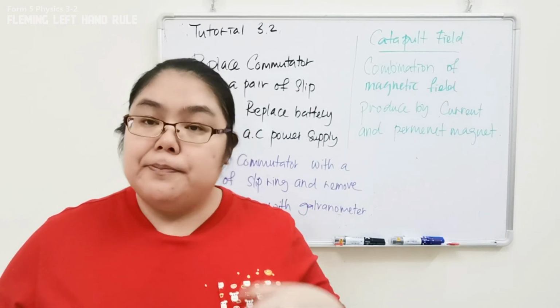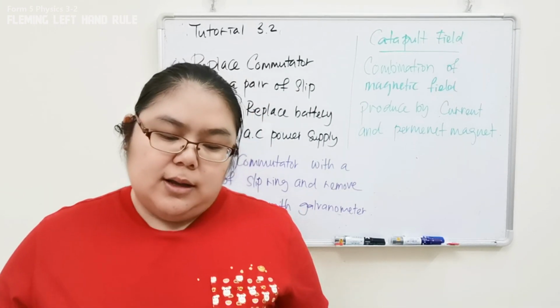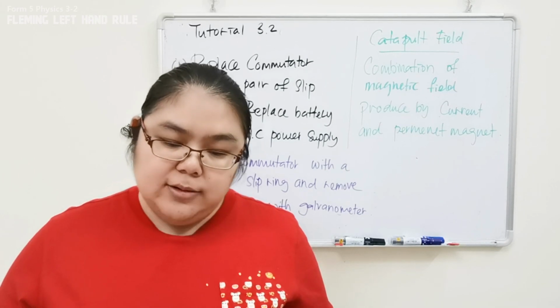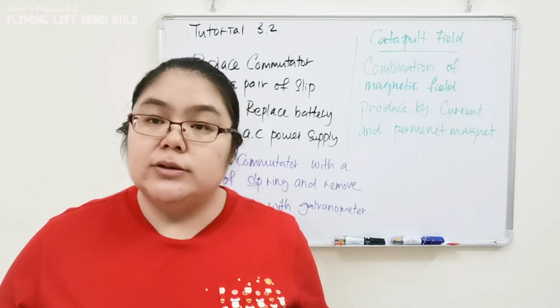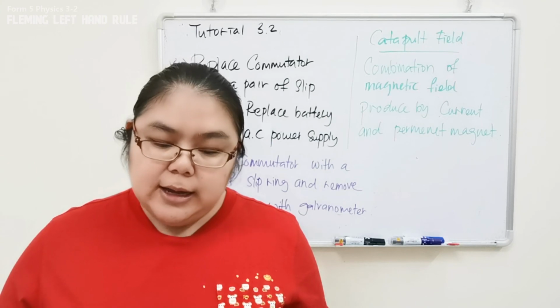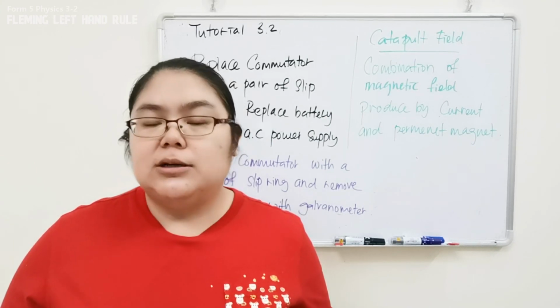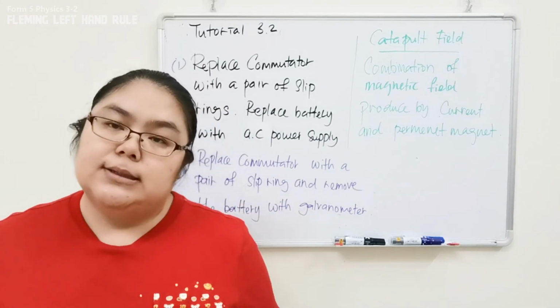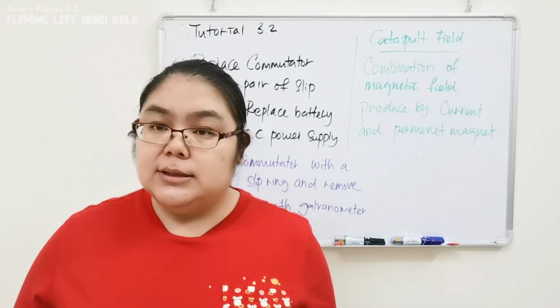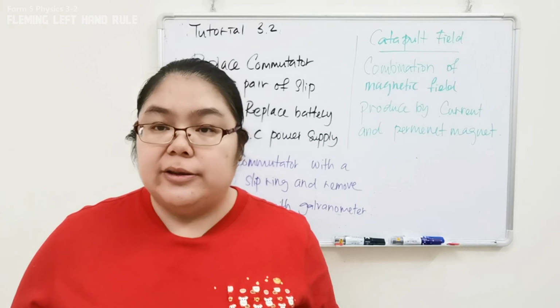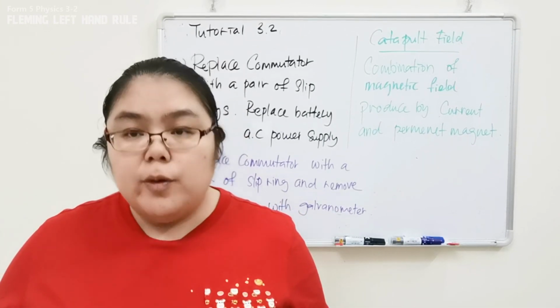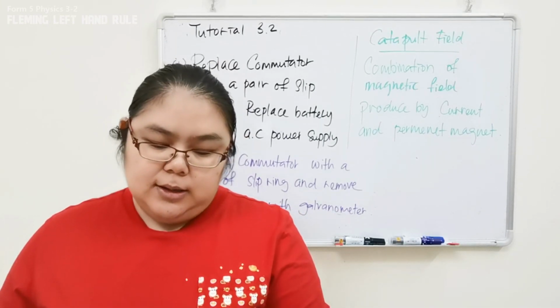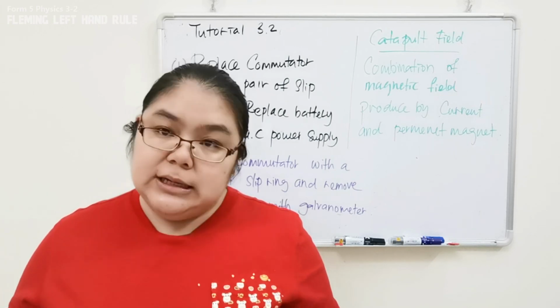So we mention the MV first. When the strength of the catapult field produced increases, then the angle of deflection of the copper wire also increases. So you mention the strength first, because of the strength, finally the angle of deflection increases. Both also increase.